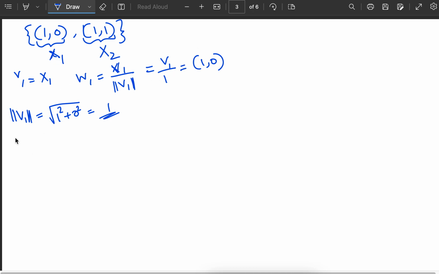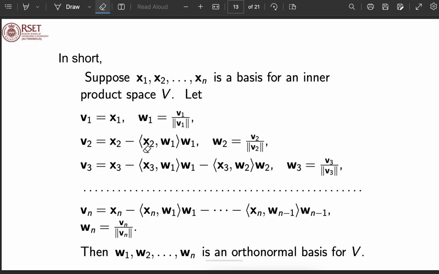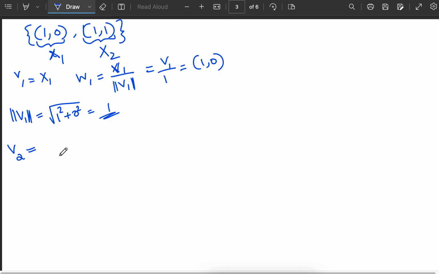Okay. Now let's consider v2. What is v2? v2 is equal to x2 minus inner product of x2 and w1 times w1.